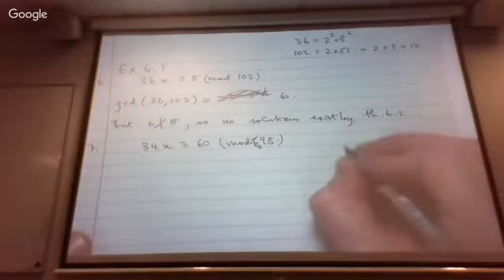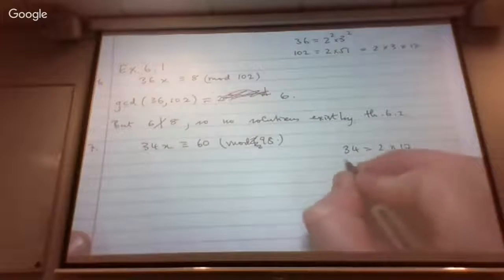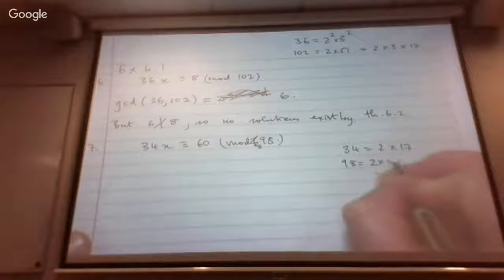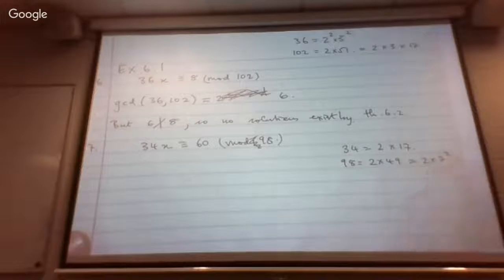So again, we just need the GCD. So let's do it using prime factorizations again. So the numbers are very small. 98, what's that? 2 times 49. 49 is 7 by 7. Yeah, I'm pretty sure 17 is prime.